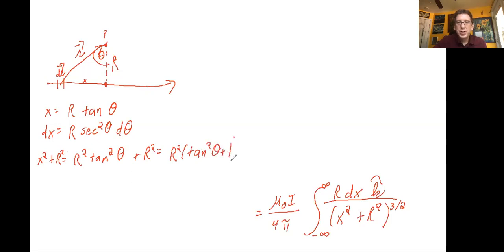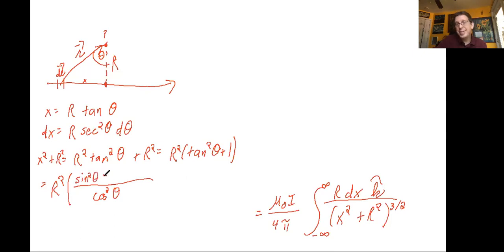So maybe you know the trig identity for this, but in case you don't, we'll write it out. So that's capital R squared. We'll put cosine squared theta in the denominator. Now, tangent squared is sine squared theta over cosine squared theta.